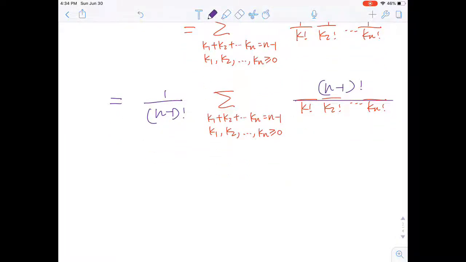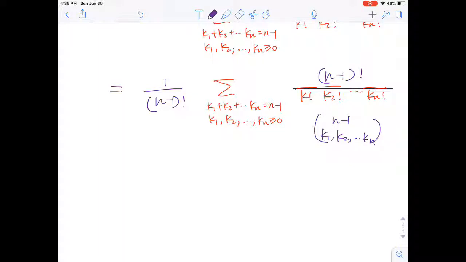And what is this? It's saying that if we decide how to distribute the power of n minus 1 into those n parentheses that I showed you before, then we will have this.